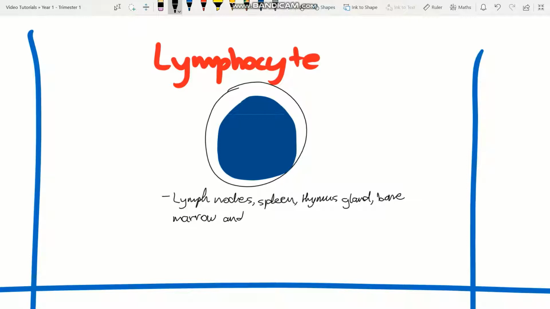So as you can see, just based on the various places that they're present in, their role is quite important, because these are very important places for immune defense and also the maturation of red blood cells. These lymphocytes come in 2 main forms: B lymphocytes and T lymphocytes.